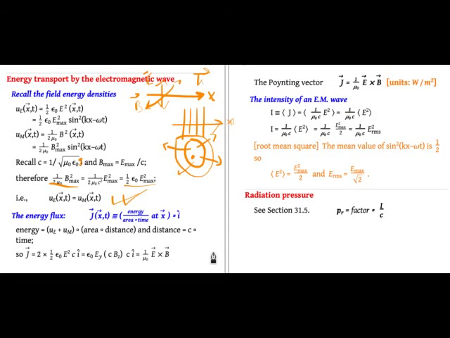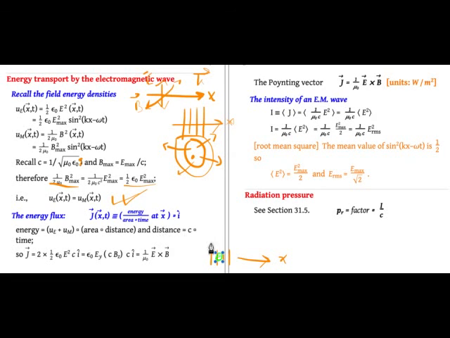So I've got this wave traveling along in the x direction, carrying energy in the x direction. And I'm looking at how much energy is located in a little volume of this wave. Well, that volume is the area times the distance.